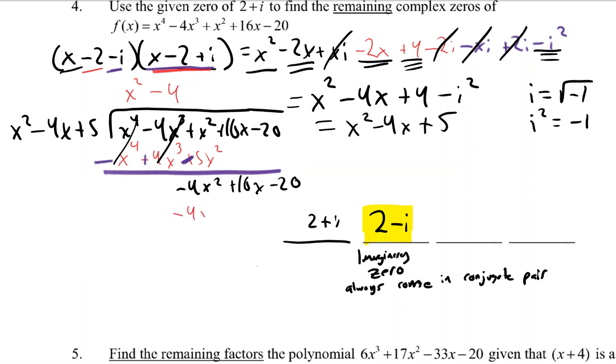So that should have been that. Okay, and then this would be 16x. This would be -20. And when we change the signs and add 0, 0, 0, that divides into it perfectly, which was completely expected.